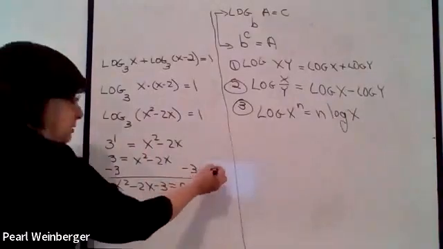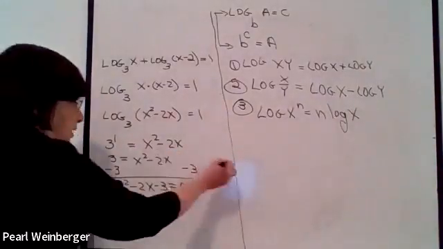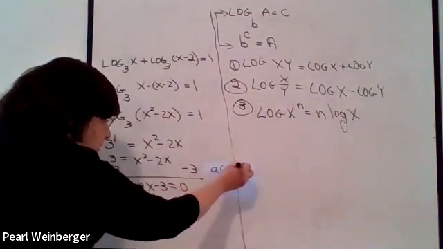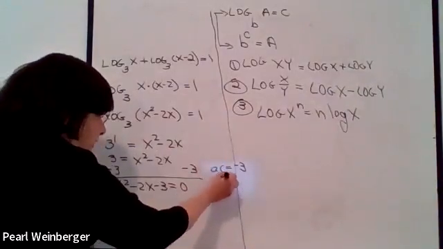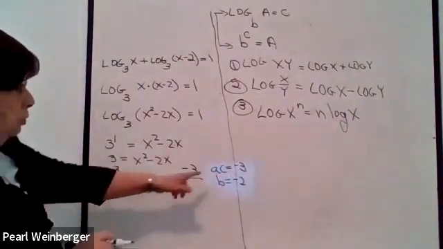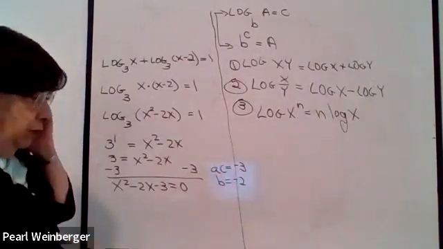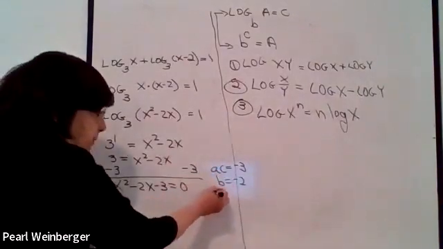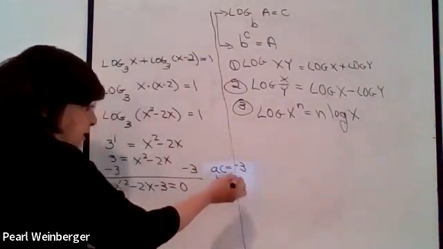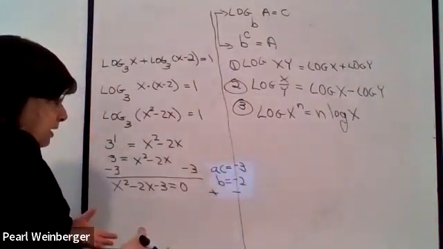And I'm going to have to use my AC method. My AC is -3, and my B is -2. Remember how we factor? We're looking for two numbers that multiply to -3, which means one's going to be positive and one's going to be negative, and when I combine them, I'm going to get -2.